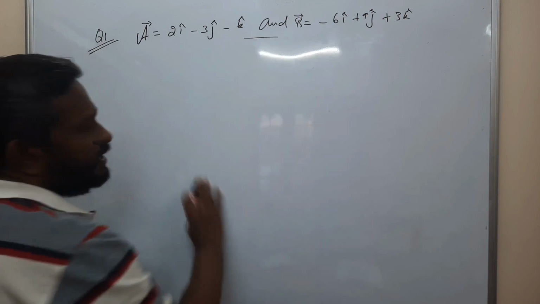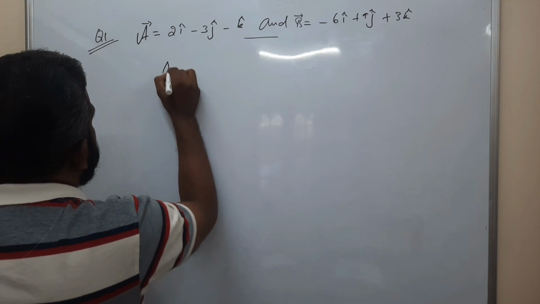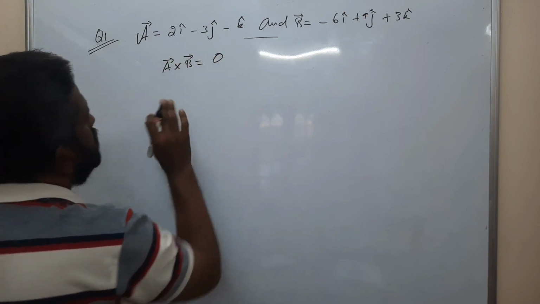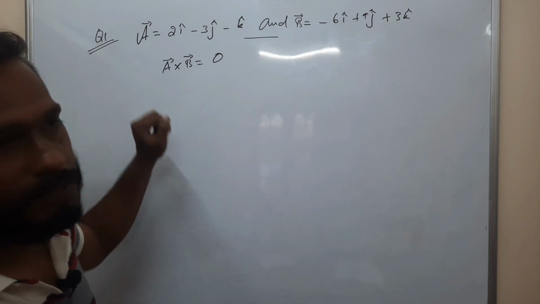If two vectors are parallel, we have to show that a vector cross b vector is equal to 0.